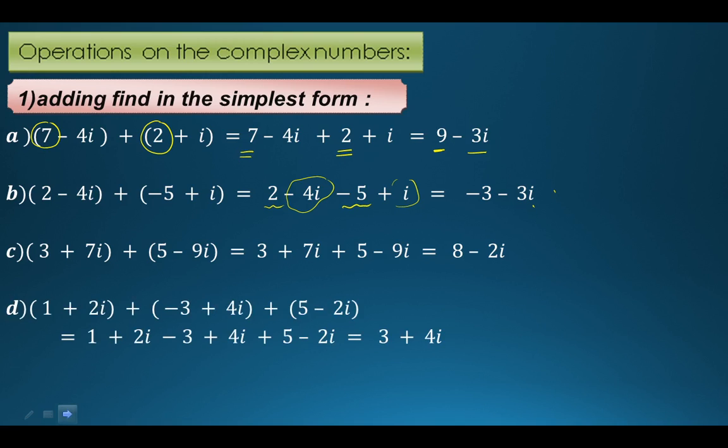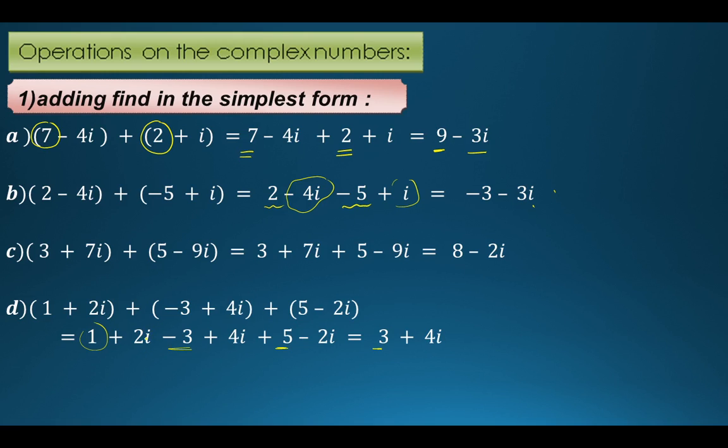Here we want to find 1 plus 2i plus negative 3 plus 4i plus 5 minus 2i. Removing the brackets: 1 plus 2i minus 3 plus 4i plus 5 minus 2i. We add the real parts together. 1 minus 3 equals negative 2. Negative 2 plus 5 equals 3.